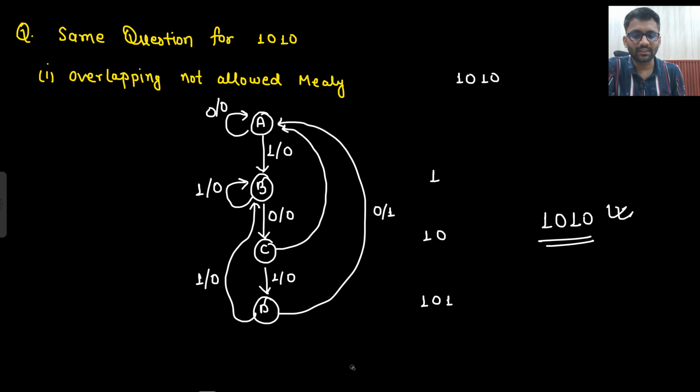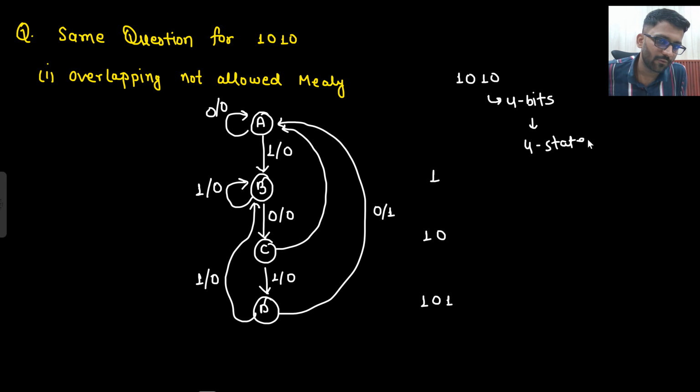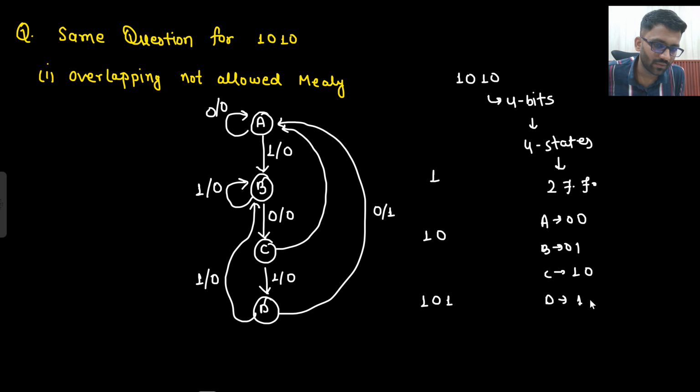Now what else can be asked? Here there were 4 bits. 4 bits means you require 4 states, and 4 states means how many flip-flops? 2 flip-flops, right? Basically your A can be 0 0, B can be 0 1, C can be 1 0, and D can be 1 1.